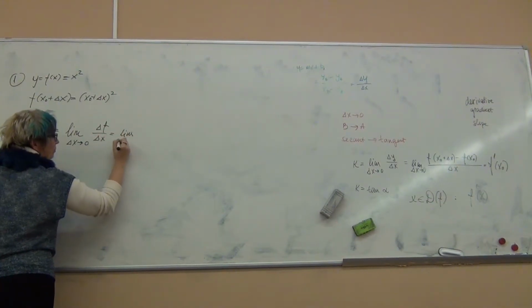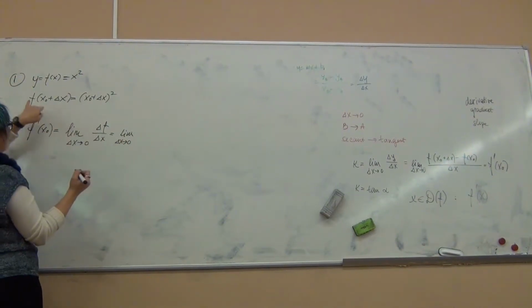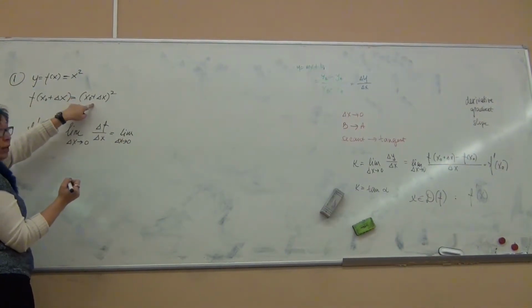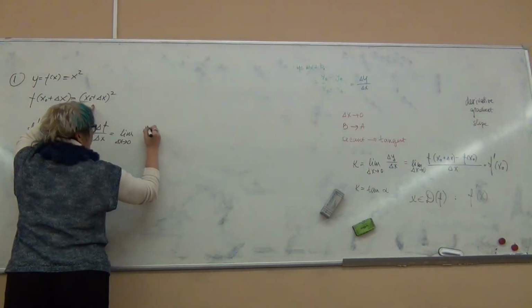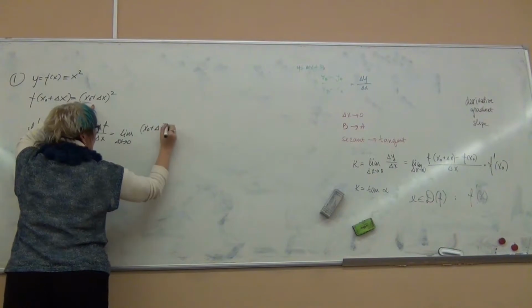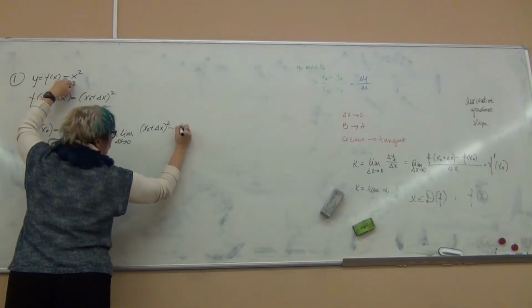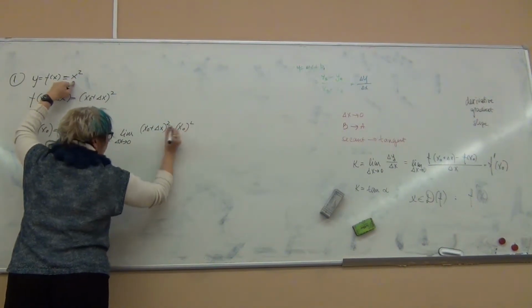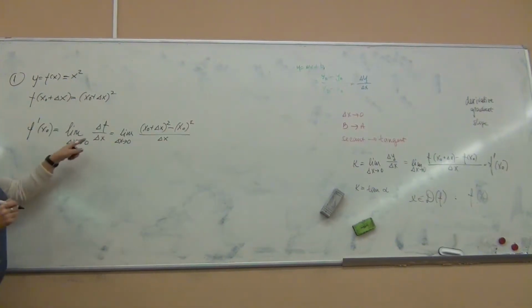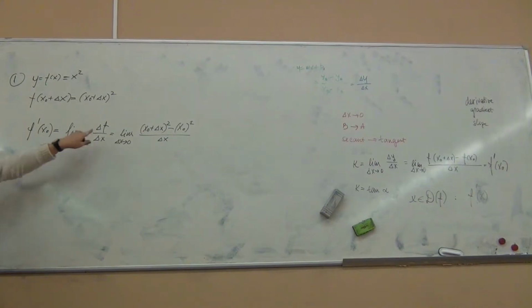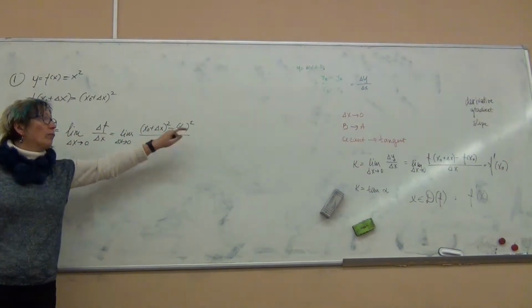Delta f is the new value of the function minus the old value of the function. So x0 plus delta x squared minus the old value would be simply x0 squared, no brackets needed. And of course over delta x. So this is delta y or delta f, this value.